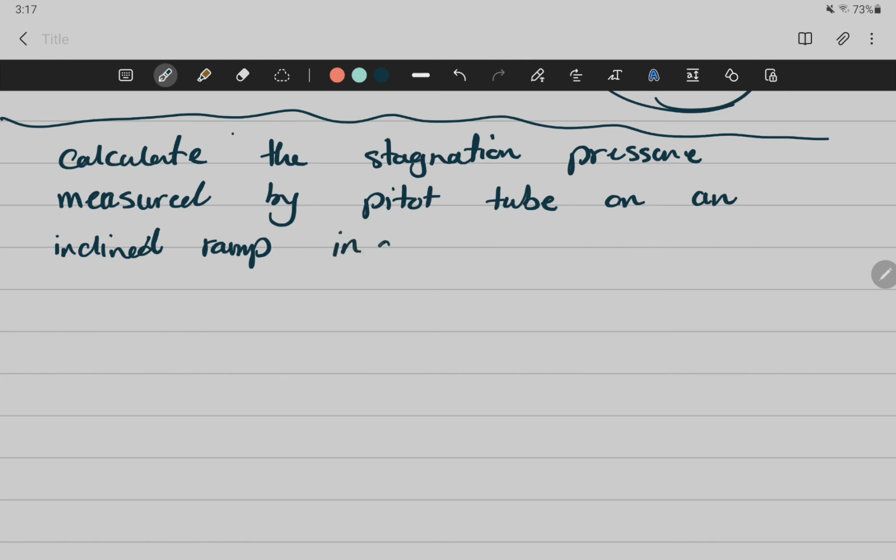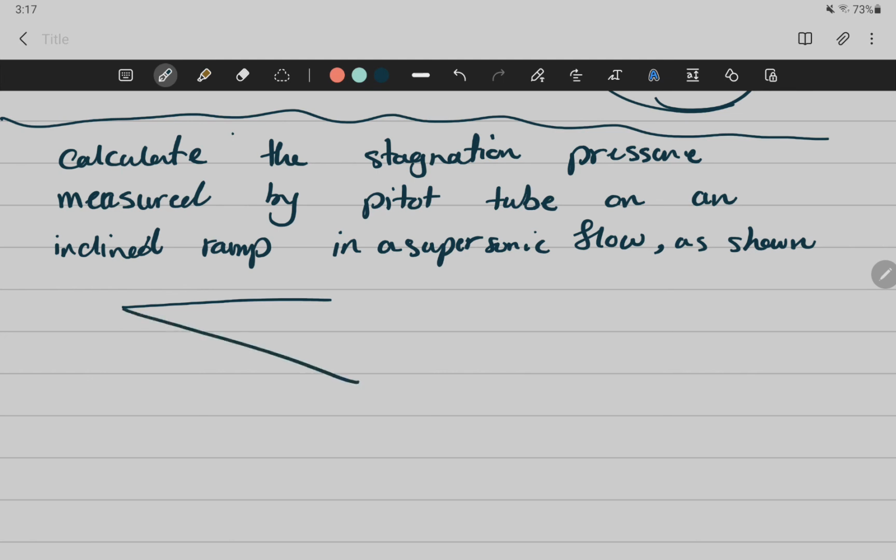In a supersonic flow. Of course, it's in a supersonic flow, as shown. Just want to give you the complete description of the problem. So we have this type of ramp, 10 degrees.